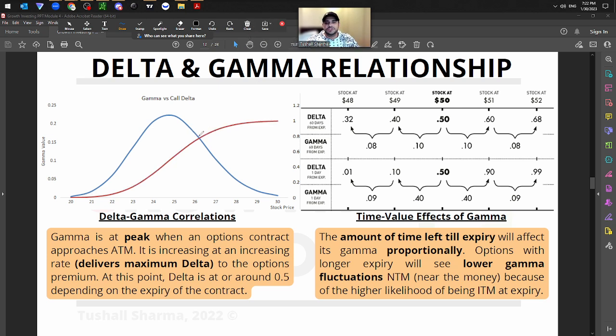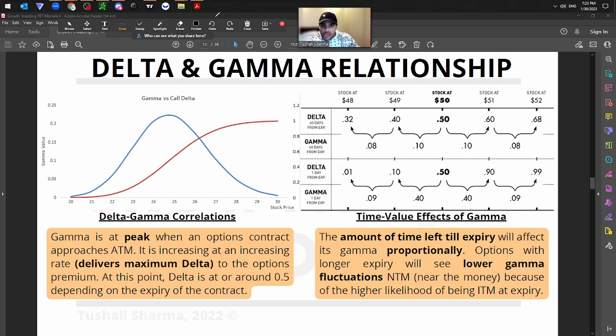So you can see the slope is pretty steep as it gets to 0.5, but after that, it can also increase in terms of the delta addition. In fact, the addition of delta in a contract is pretty gradual compared to gamma, which is steeper, right? You can see the gradient of this line is much steeper, right? And so that's their relationship, okay?